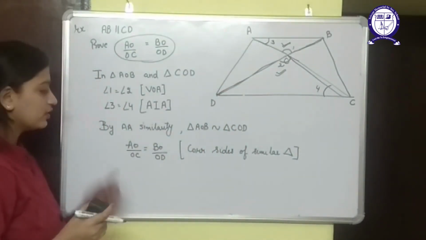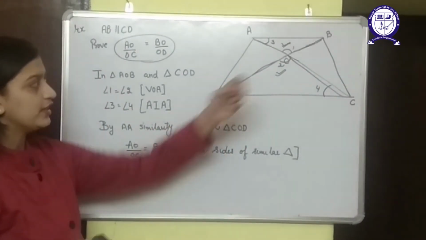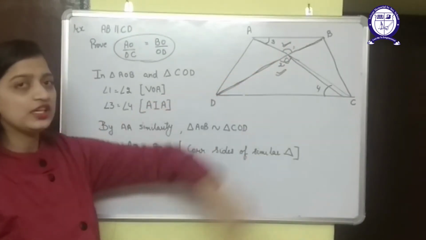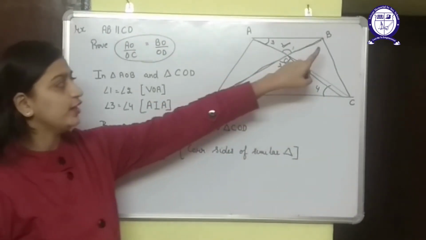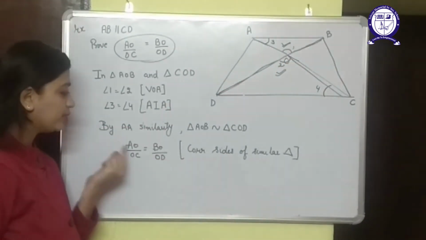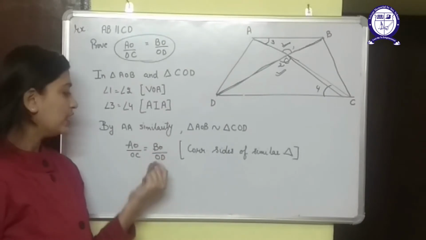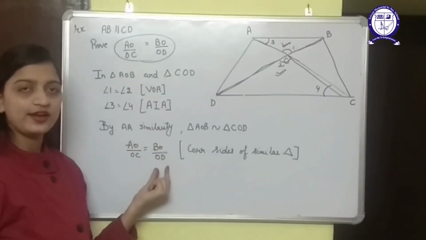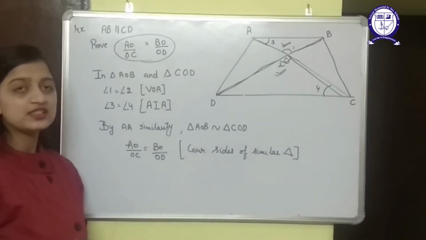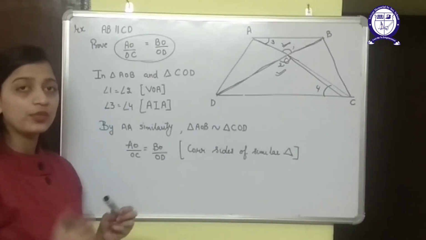If I am taking the side of the first triangle in the numerator, then in the other case also the side of the first triangle should be in the numerator. So AO and BO are the sides of the first triangle and OC and OD are the sides of the second triangle. These are the small things you need to remember, that the sides should be written in proper order.